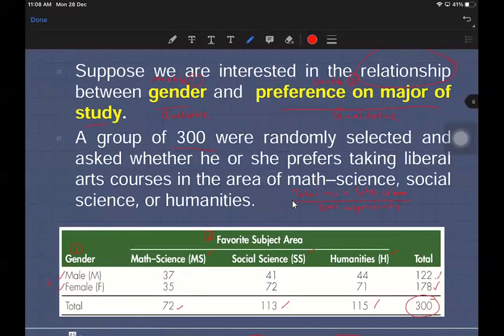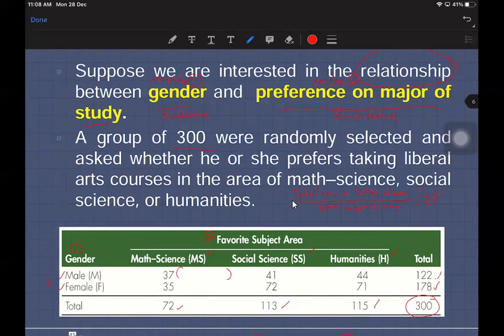In this case, for example, what is the expected frequency of 37? 37 is the observed value. Now we want to calculate our expected value for 37. This is our expected frequency, I just put EF for expected frequency.